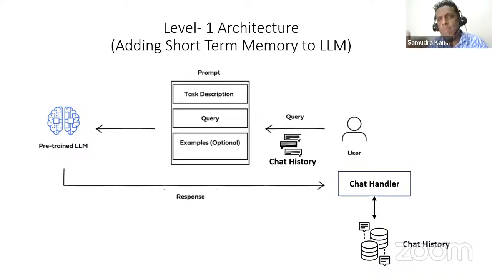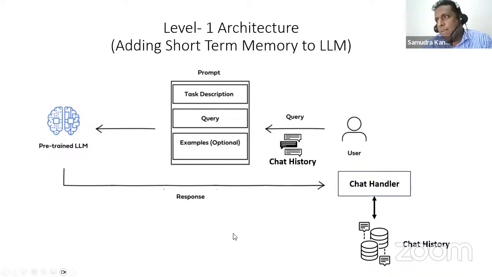It builds up a context. That is built into the application and not into your language model. So if you are building level 1 architecture, you have to have context-building use cases. You have to build this short-term memory into your application.